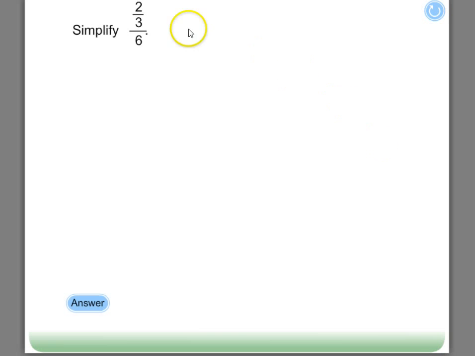Alright, so here we have 2/3 over 6. Let's see what the correct answer is. That one will be 1/9. Again, what we want to do here is say 2/3, and instead of the fraction bar, we are going to use division, divided by 6.